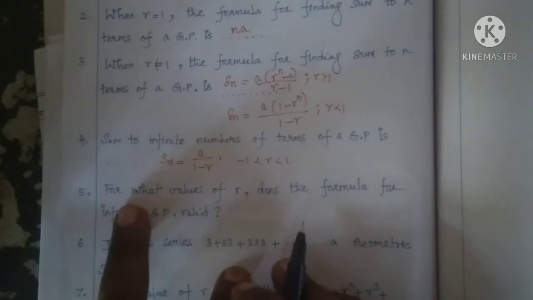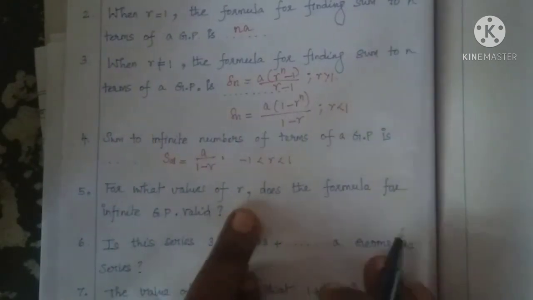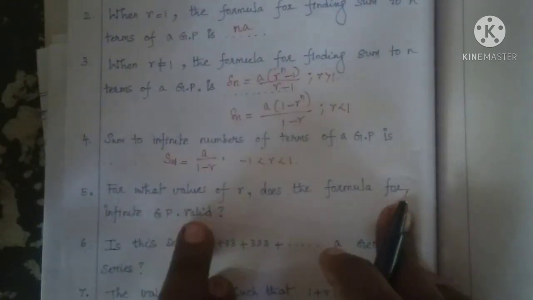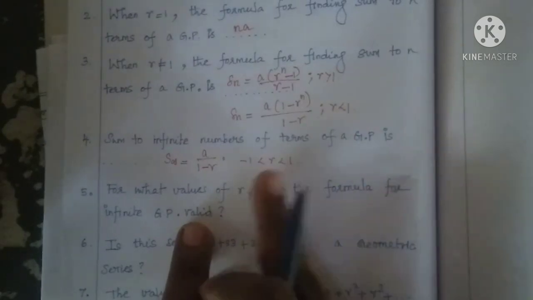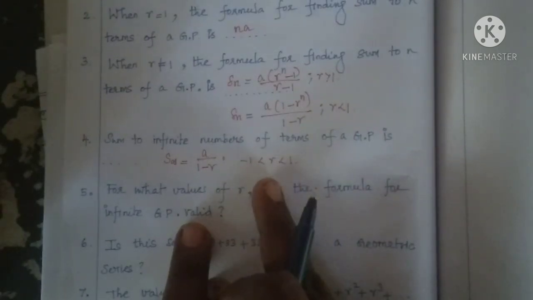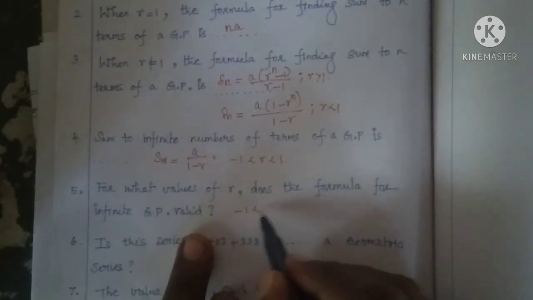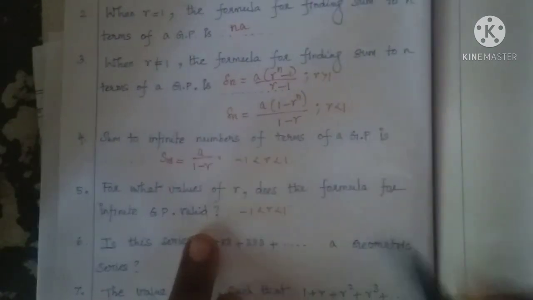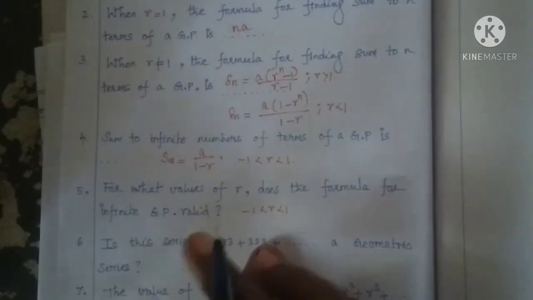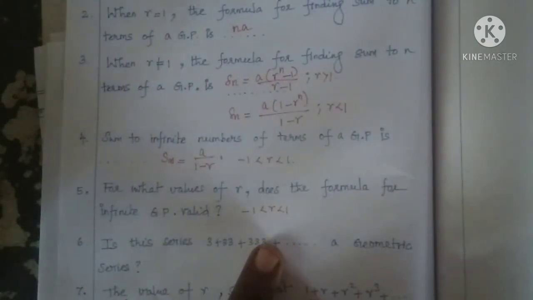The next question: for what values of r is the formula for infinite GP valid? The answer is minus 1 less than r less than 1. Then only the formula for infinite GP is valid.